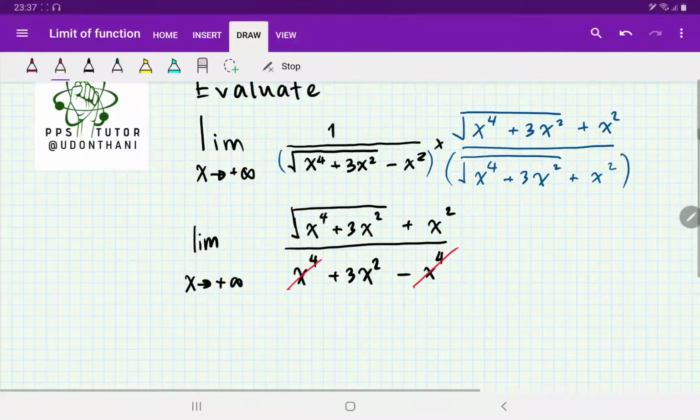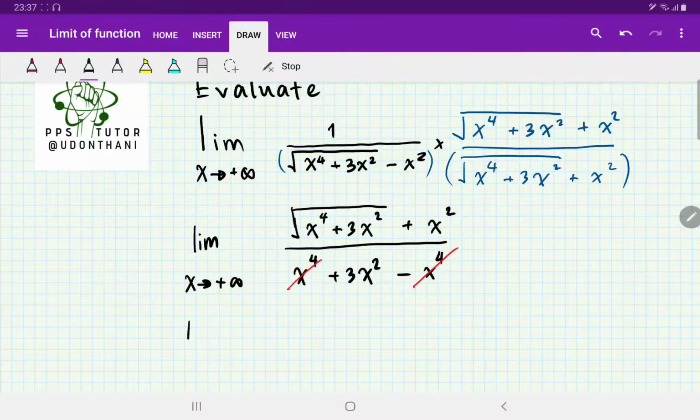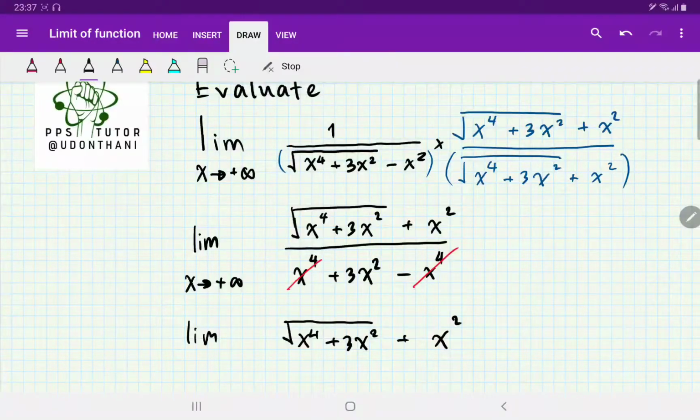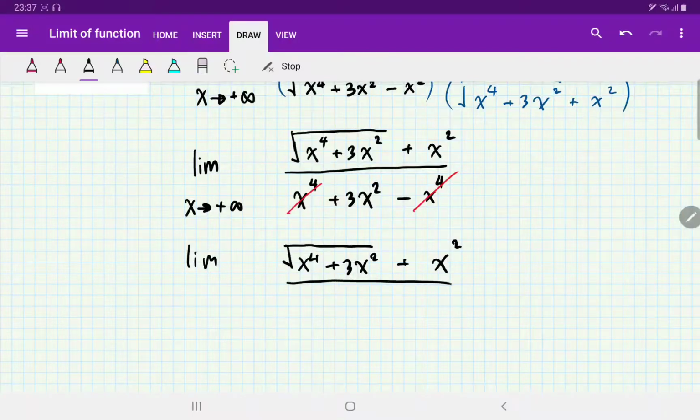Now we have the limit of the square root of x power 4 plus 3x power 2, plus x squared, divided by just 3x squared, as x approaches plus infinity.